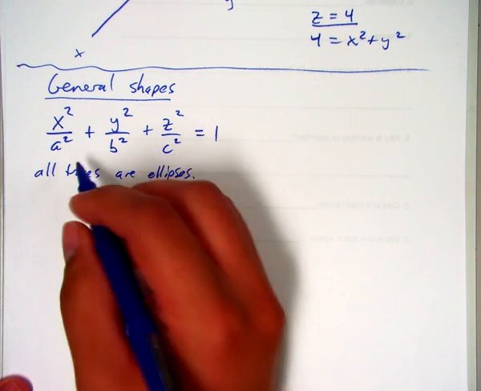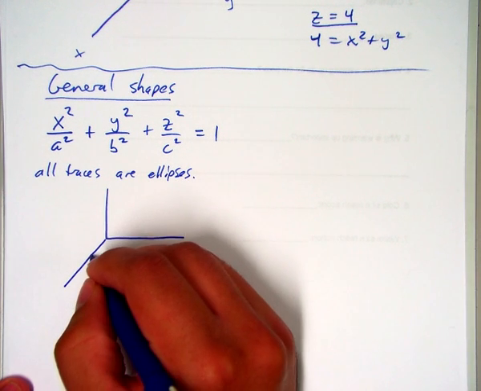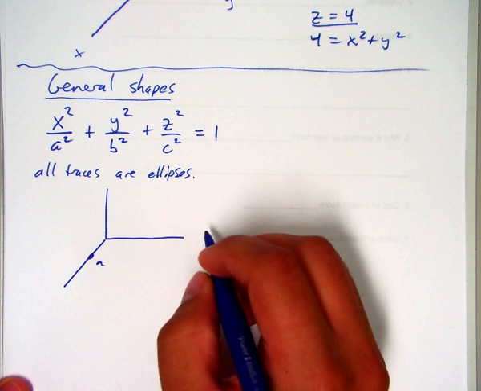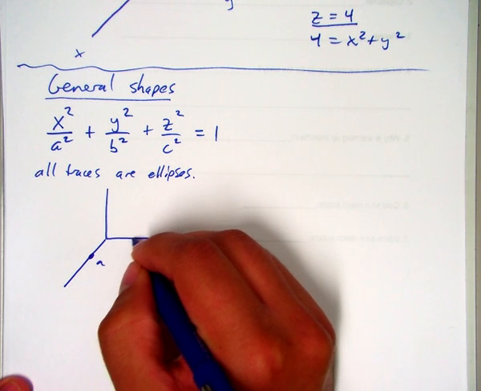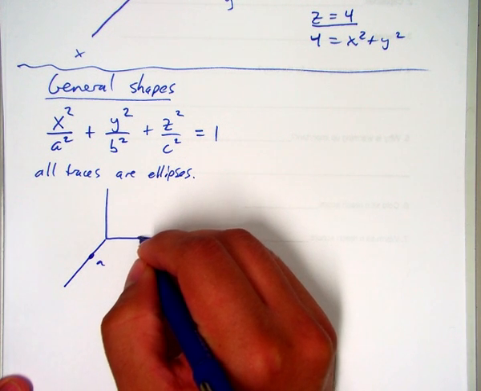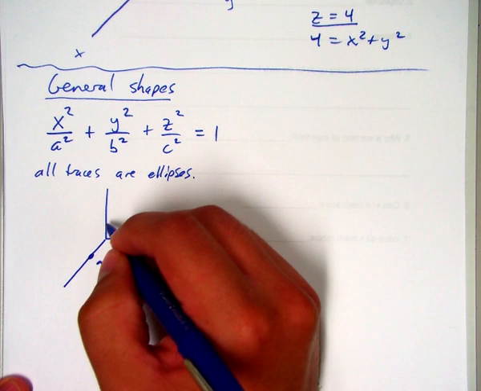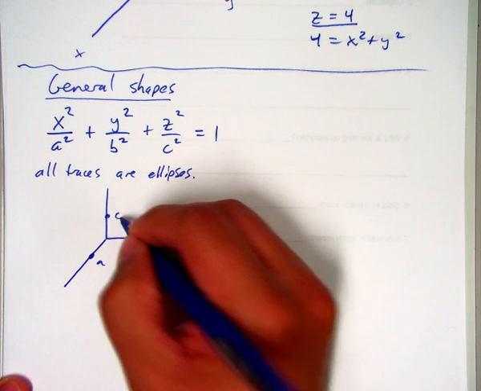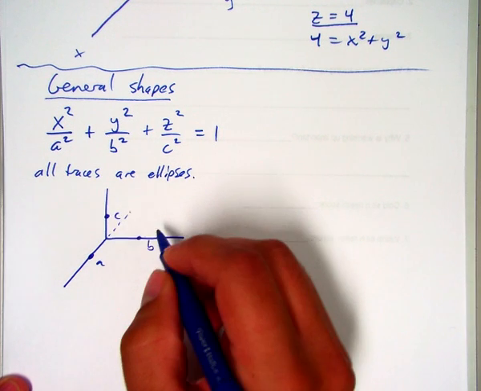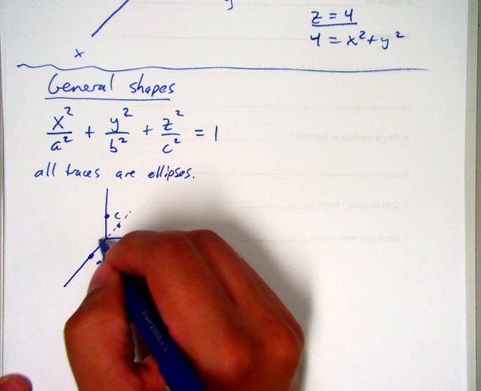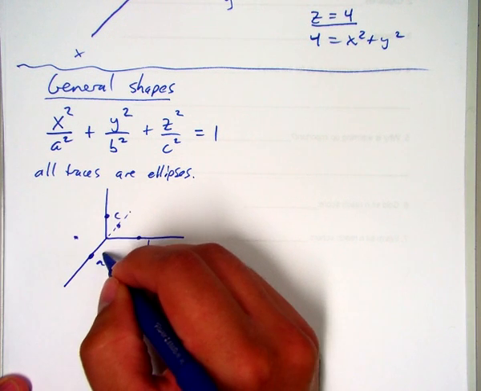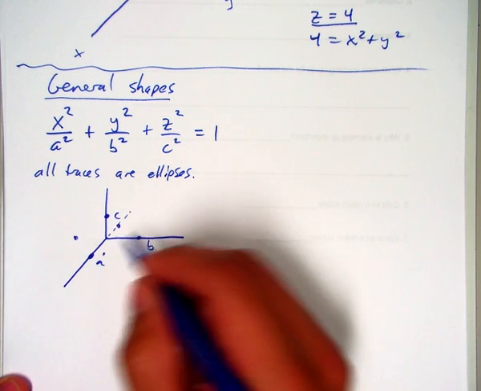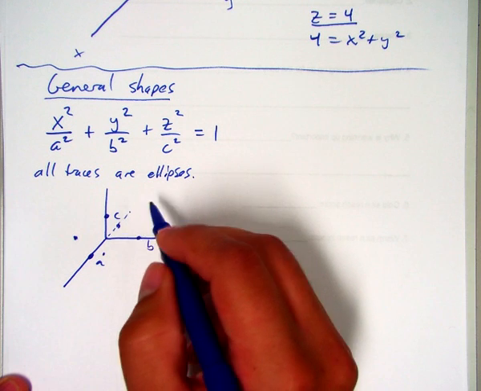In the x direction, you would go out a. In the y direction, you go out b. And in the z direction, you go up and down c. And so you just draw an ellipse.